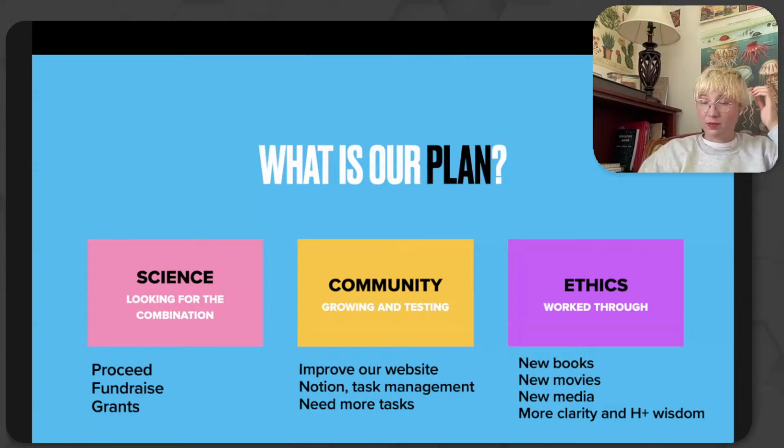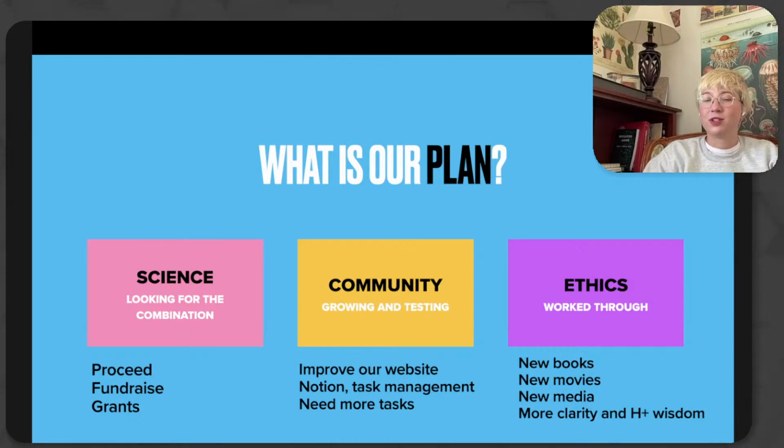So what is our plan right now as Open Longevity? We proceed with our scientific projects. We fundraise for them, and we tend to give out more grants than salaries. That's what we do there. Community, yeah, we will try to improve our website to be more clear with our communication. I'm not entirely happy with it right now. We had so many new things being created just recently. It's not there on the website yet. Sorry for that.